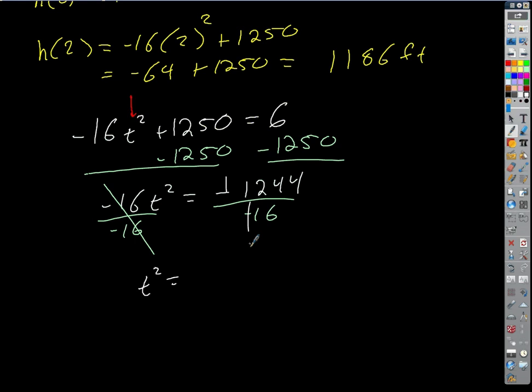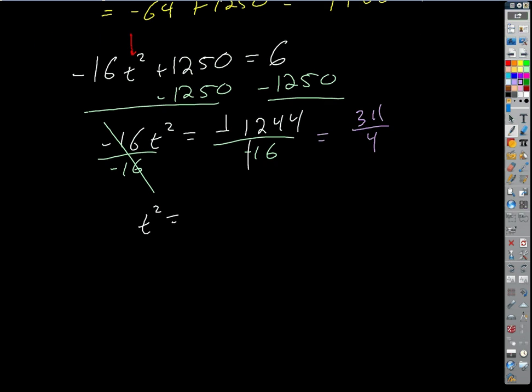But we could divide both by 4, right? And if I divide those both by 4, I'm going to get 311 over 4. Negative over negative is positive, right? Those were both negative, so now they're positive.